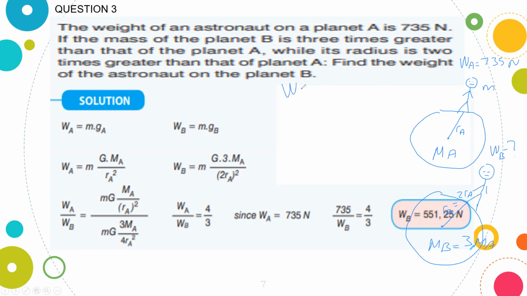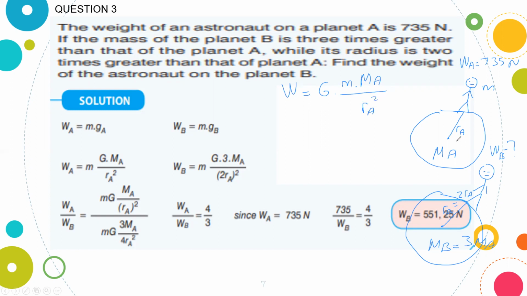Weight equals G times M1 M2 over r squared, where G is a constant, 6.67. You will get it during the exam, don't worry about that. It is a constant number, just like gravitational acceleration. Here M is the mass of this guy, MA is the mass of the planet, and RA squared.